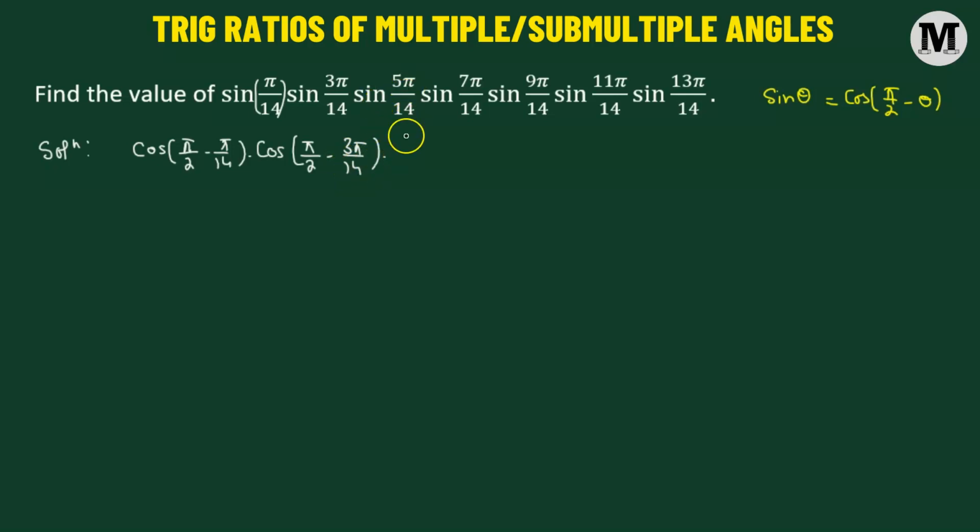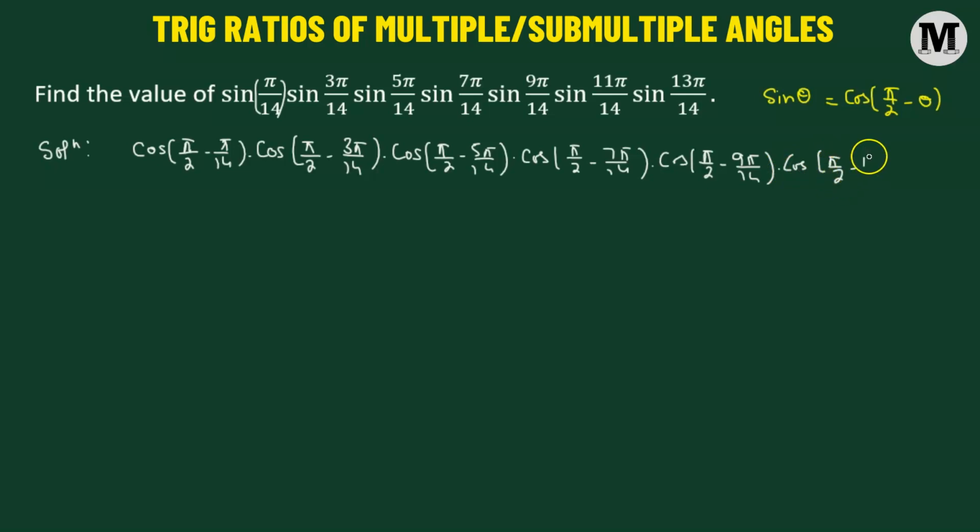Then we have sine of 5 pi over 14, so that will become cosine of pi over 2 minus 5 pi over 14, multiplied to cosine of pi over 2 minus 7 pi over 14, multiplied to cosine of pi over 2 minus 9 pi over 14, times cosine of pi over 2 minus 11 pi over 14, and then we have the last one, cosine of pi over 2 minus 13 pi over 14.